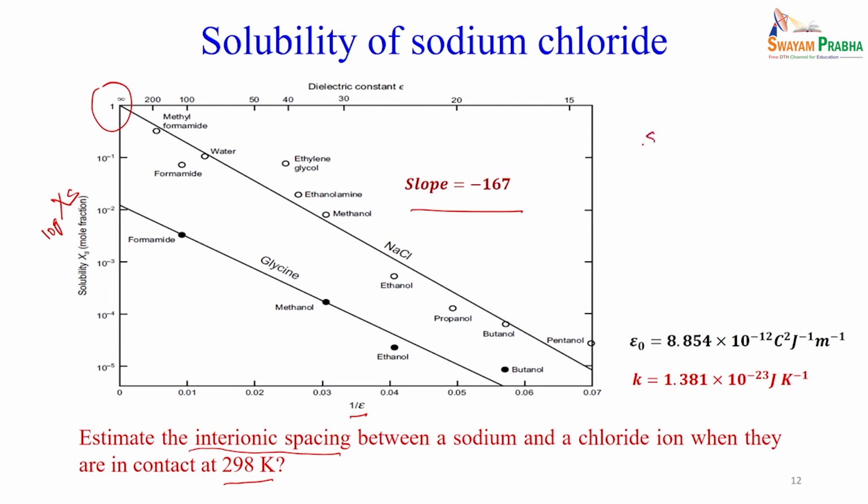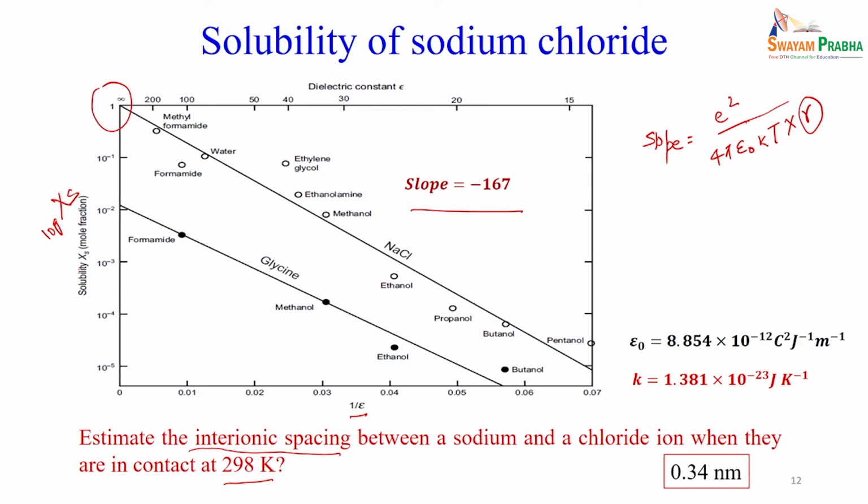So, the slope is equal to e square upon 4 pi epsilon naught k into T. Of course, r is what we are going to calculate. These are constants, all values are known to you, so you can recalculate the value of r, and if you calculate from this slope, it comes out to be 0.34.